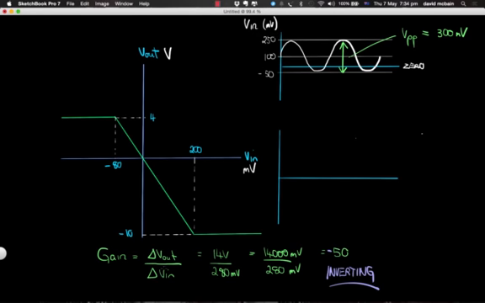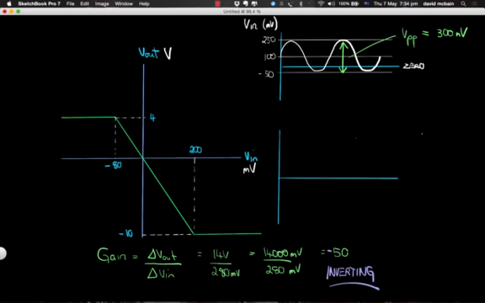The first thing I've done here is work out the gain of our amplifier. We do that by calculating the change in the output voltage divided by the change in the input voltage. The output voltage change in this linear region goes from 4 to negative 10, which is a total of 14 volts. At the same time, the input is changing between 200 and negative 80, so that's a total of 280 millivolts.